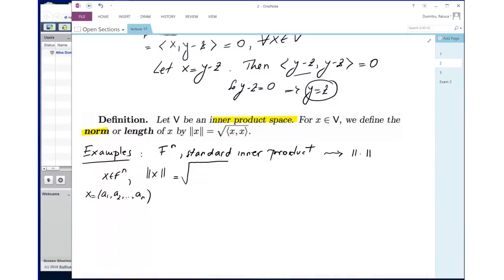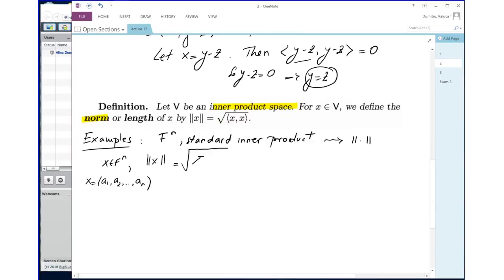I said that the standard inner product was the sum of a_i, b_i conjugate. There is no b_i. b_i is still a_i here. So it's the sum of a_i times a_i conjugate, which is the same as that. These complex numbers.